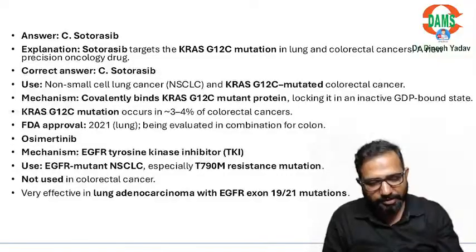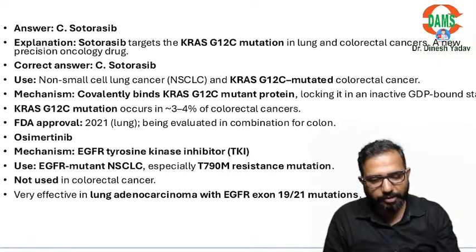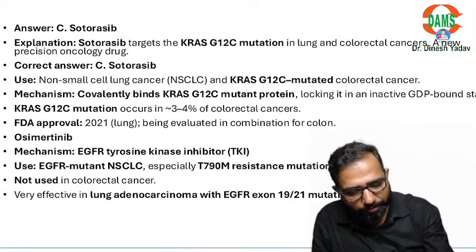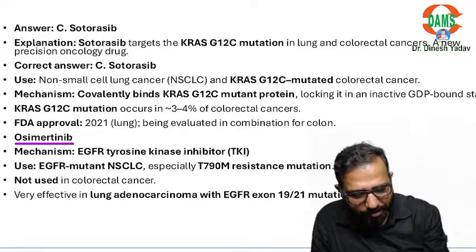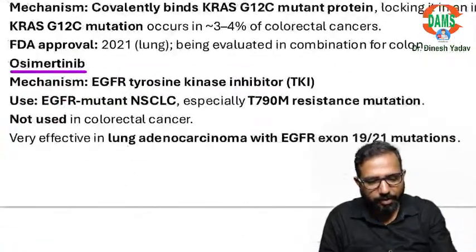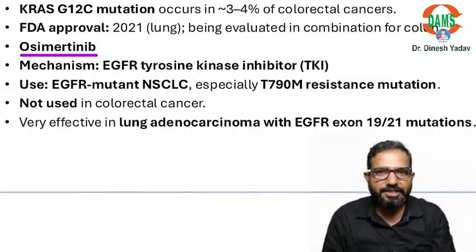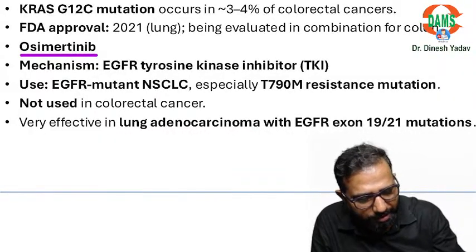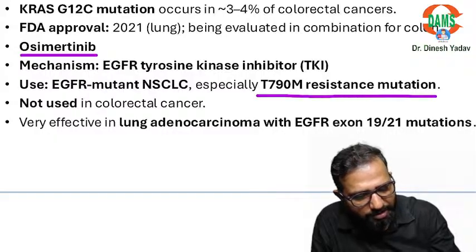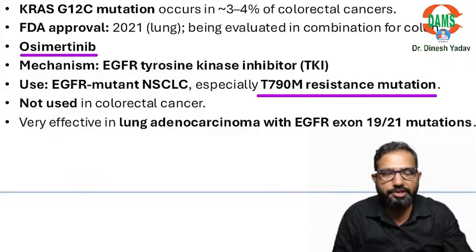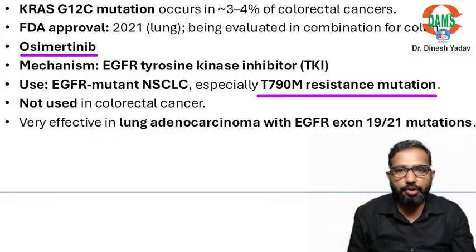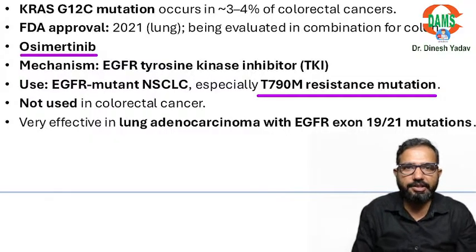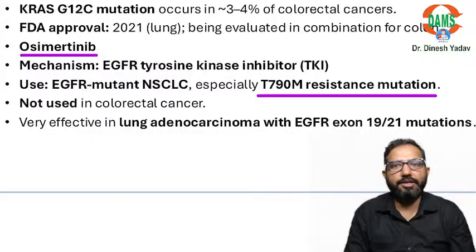Don't forget about osimertinib. Last time osimertinib was the question. Osimertinib is also an EGFR tyrosine kinase inhibitor. It is important for the T790M resistance mutation in non-small cell lung cancer. It is not used for colorectal cancer. It is the drug used for lung cancer.